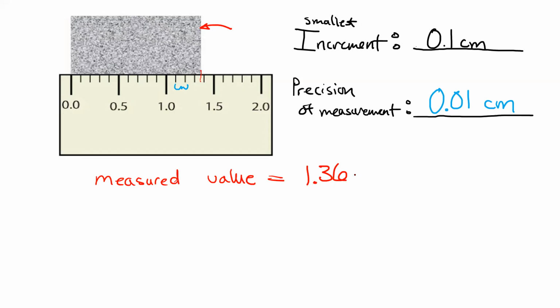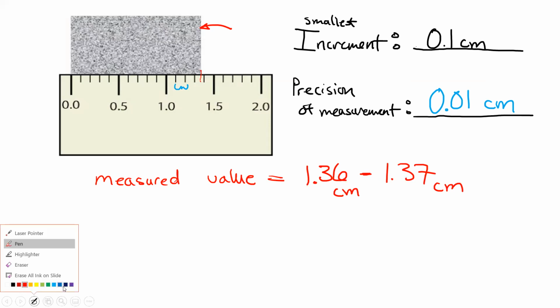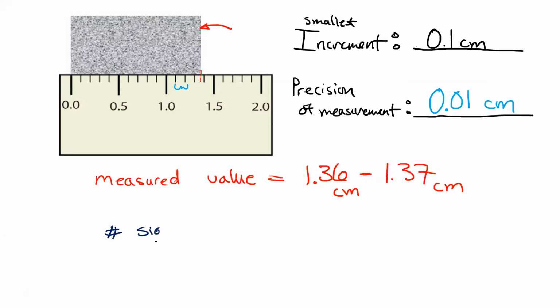So the measured value is somewhere between 1.36 and perhaps 1.37, in units of centimeters. And finally, the last thing on there is the number of significant figures. And you can see we have 1, 2, 3.